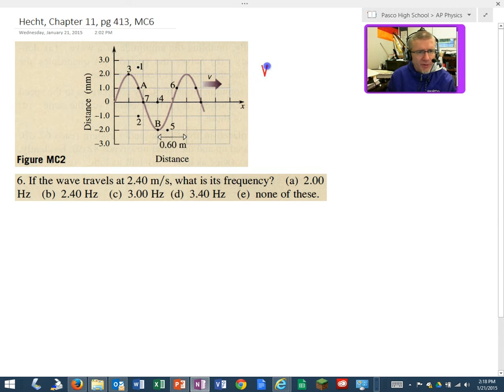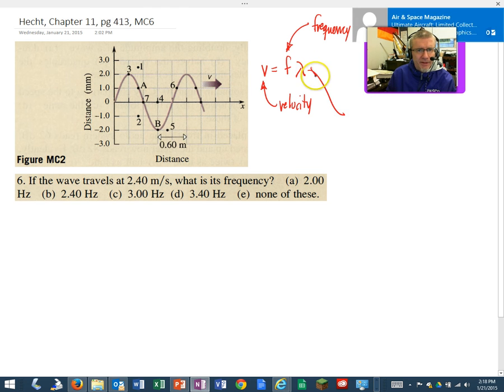We've got one governing equation for waves. The velocity of the wave is the frequency of the wave times the wavelength of the wave. So frequency and then wavelength.